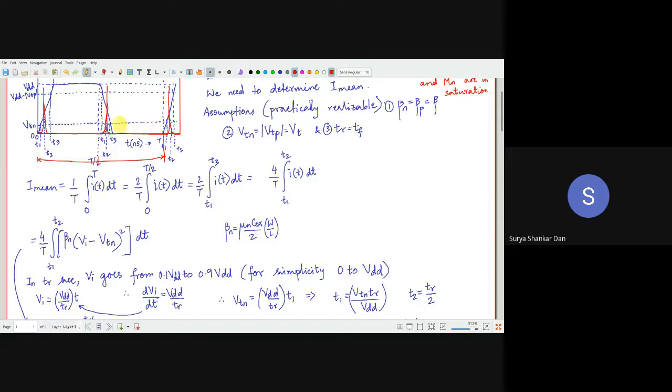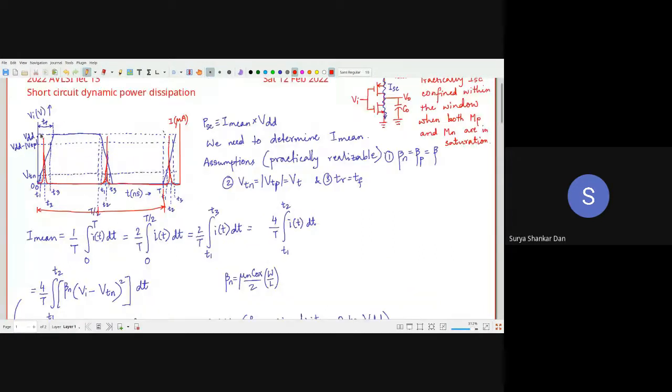If this is your time period, you will understand that we are going to have two transitions per time period. One is the rise time, the other one is the fall time. Although this is not the rise time, please understand, this is where Vi is going up. This will be your fall time, and here your rise time, in terms of the output voltage, but it doesn't matter, there will be two transitions. That is what we need to be concerned about here.